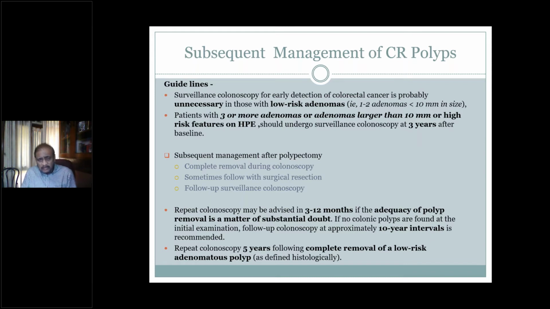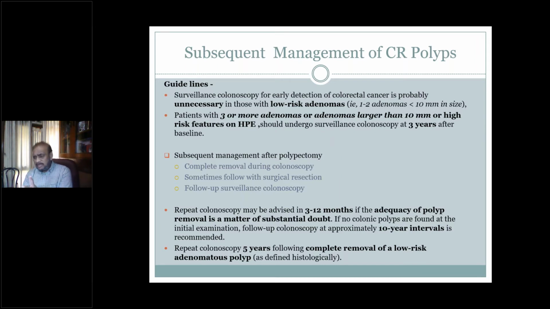And what should you do? Why this surveillance colonoscopy, and what dictates when you should do it? A repeat colonoscopy may be advised at 3 to 12 months if the adequacy of the polyp removal is a matter of substantial doubt. That means the histopathology says the margins are probably involved, they're not clear.